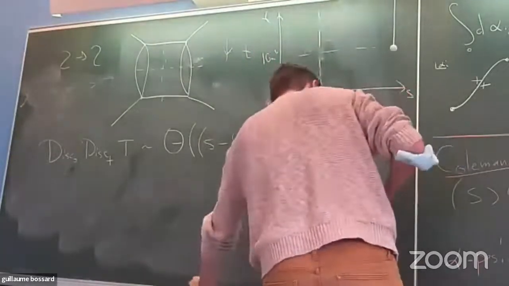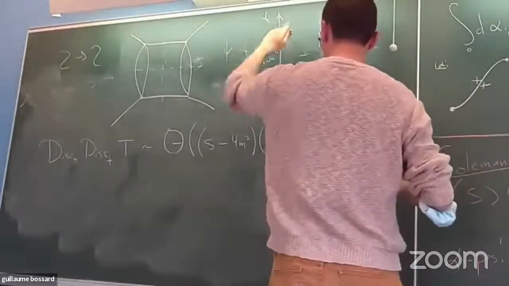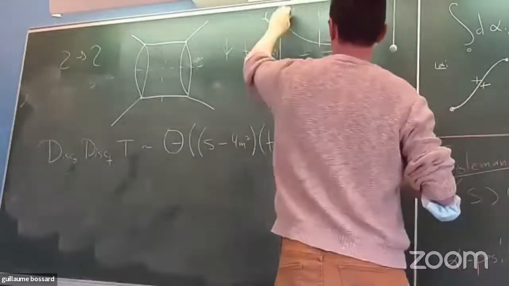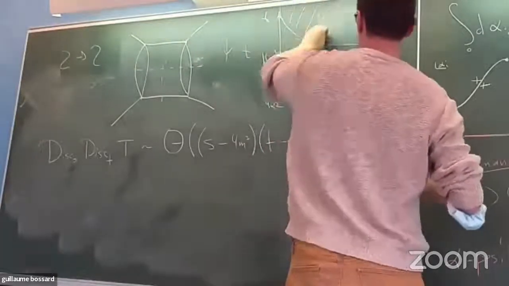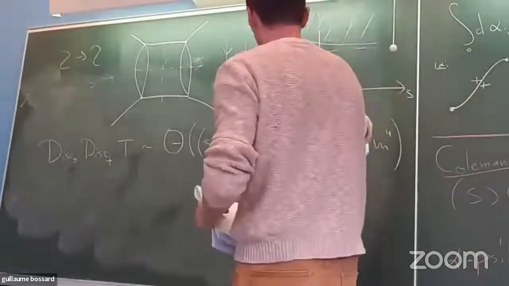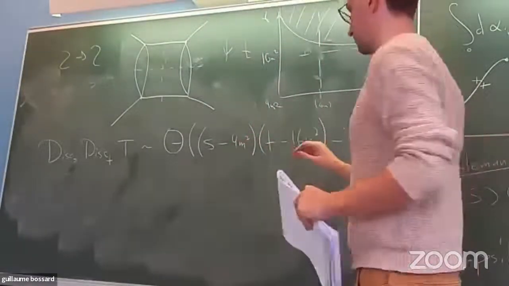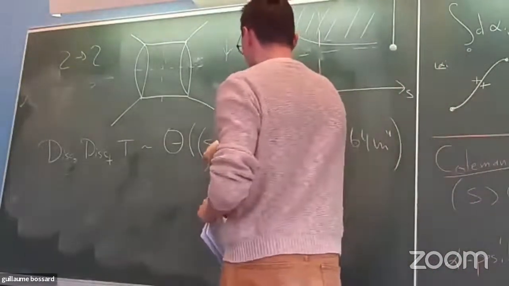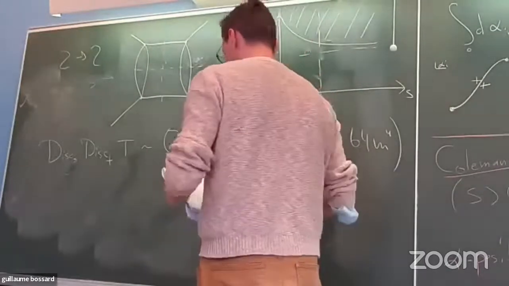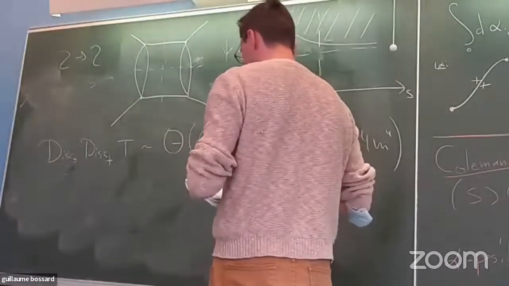The support of the double disc, for this diagram, will be just here. So when this guy is positive, then we develop a double disc. And notice that both S and T are positive. This does not correspond to the physical region. This is not for physical scattering. Physical scattering corresponds to S larger than 4 squared, and T negative. So you do not see this in the experiment, at least in momentum space.